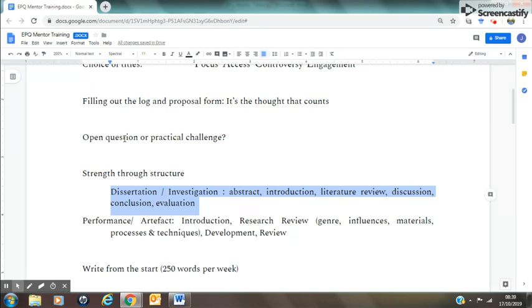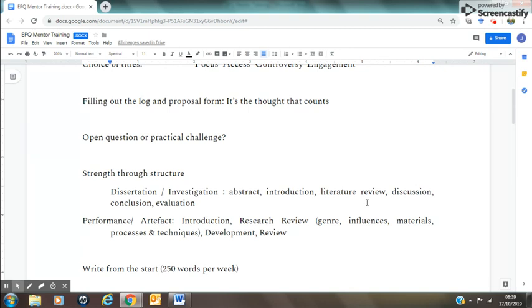I should add as well that if the students are doing an investigation, then probably at this point here, after the literature review, we would put in methodology, and the discussion would be primarily in the form of data that has been collected being analysed. So factor in here some methodology, some data collection, and some analysis. But at sort of headline level, that's a reasonable framework to use.